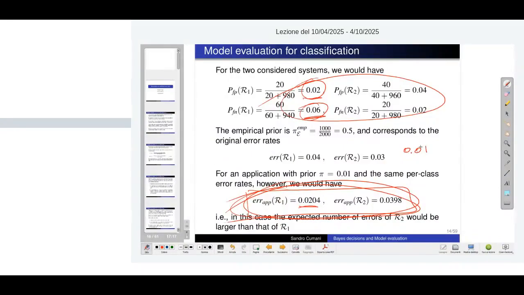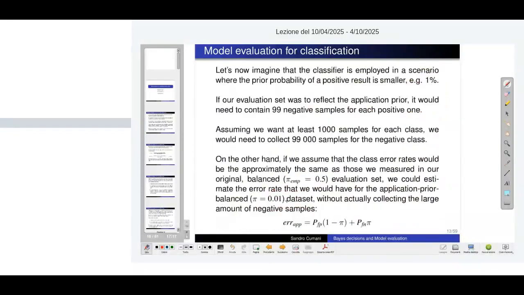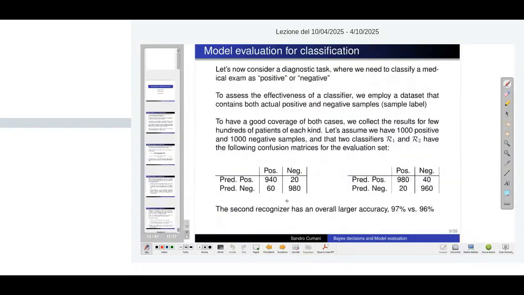So by adding different costs, you can compute what happens to the empirical Bayes risk for the two classes and see how the cost would change the relative performance of the two systems, up to some point where R2 would become again more competitive with respect to R1, when the cost of this kind of errors becomes much smaller than the cost of the other kind.